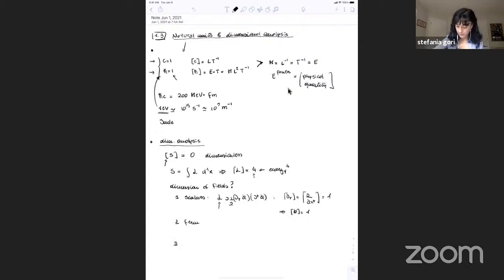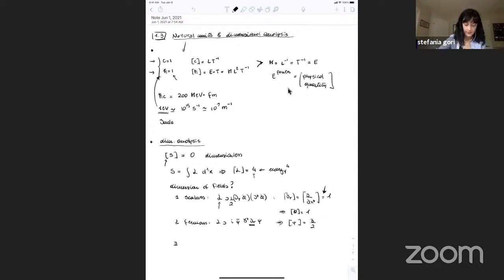So fermions: we had the term of the Lagrangian that looked like this, as we have seen yesterday. And then from here again, we have a derivative. We have learned what the dimension of the derivative is. And then putting things together, we learned that the dimension of this fermion field is equal to 3/2.